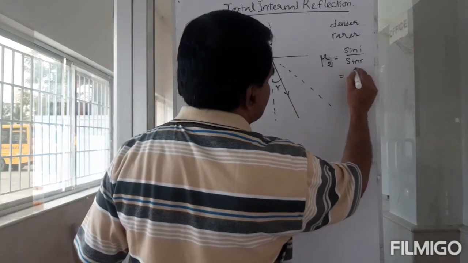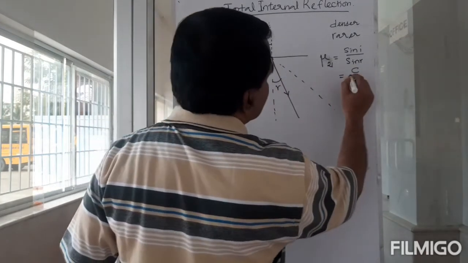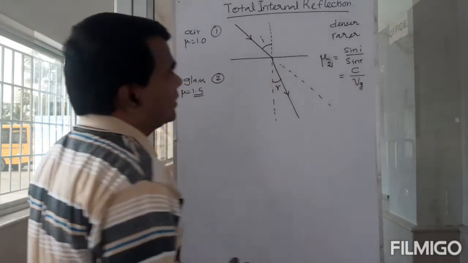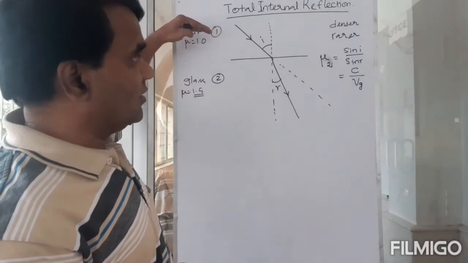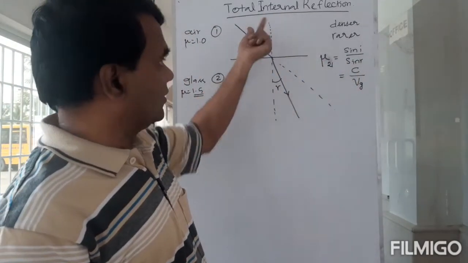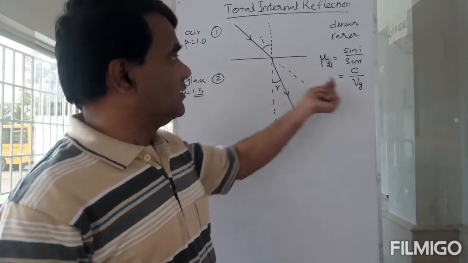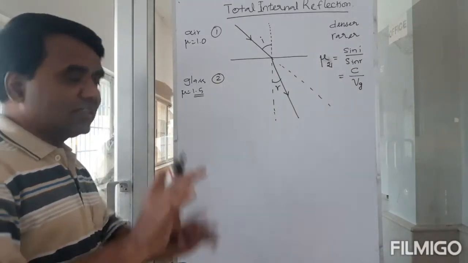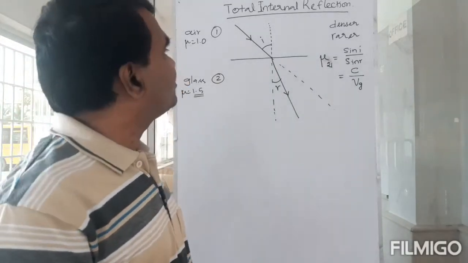So this is C, almost C, in air, divided by the velocity of light in glass. Suppose this was water, then instead of C, you will have the velocity of light in water divided by the velocity of light in glass. So you will get a different number. This we have already discussed.